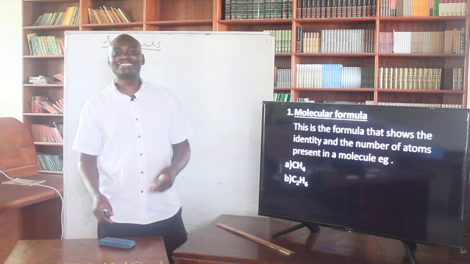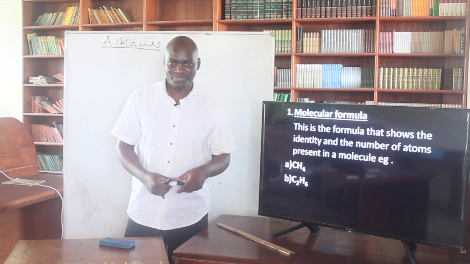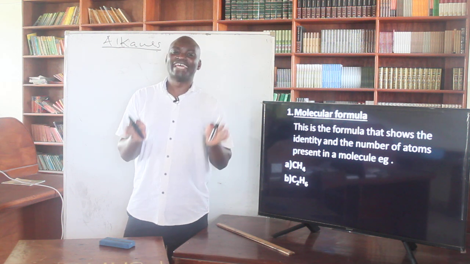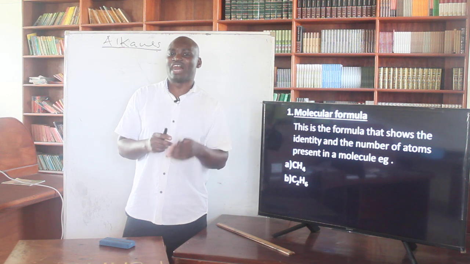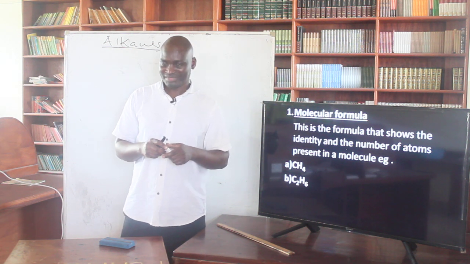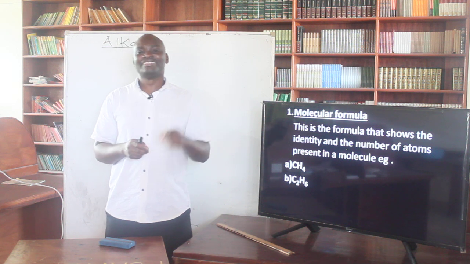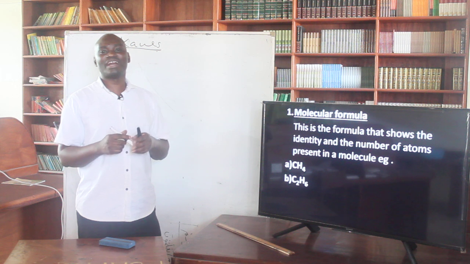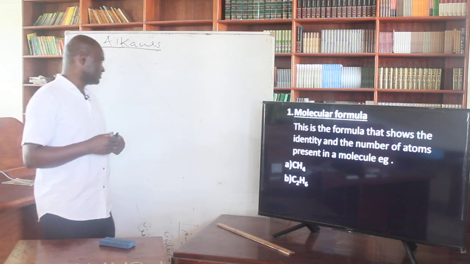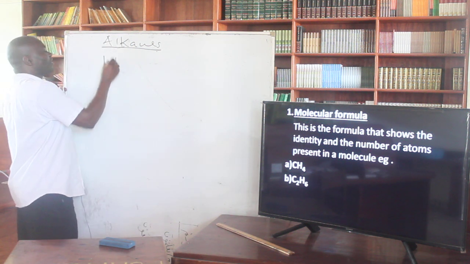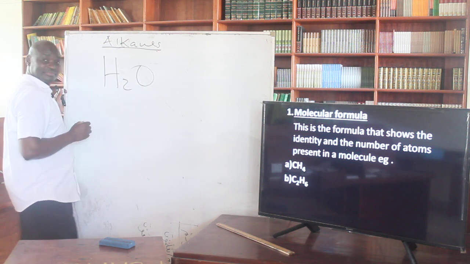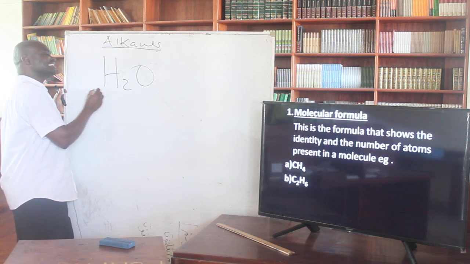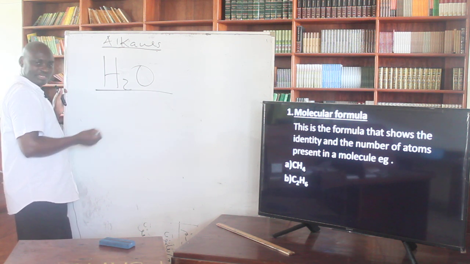So what is this molecular formula? A molecular formula is a formula that shows the identity and the number of atoms present in a molecule. Like when we talk of H2O, this is the molecular formula of water.